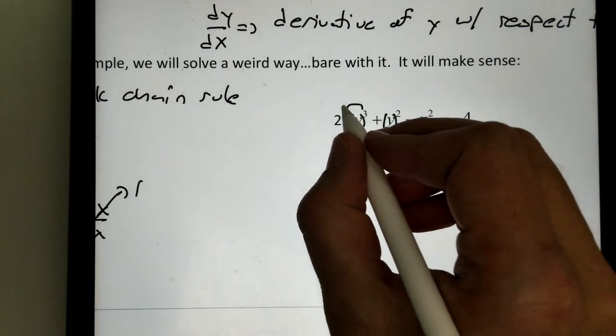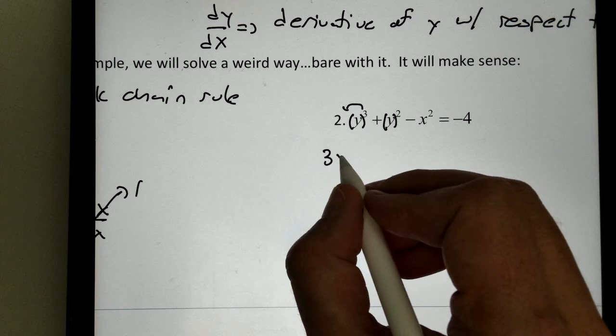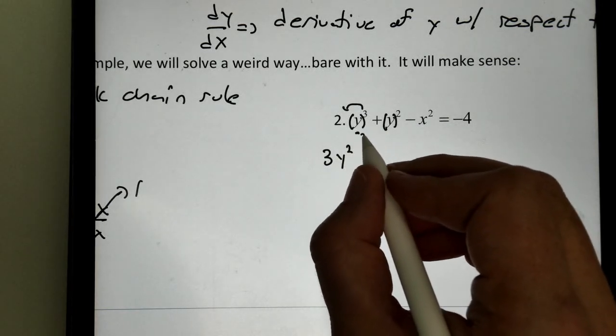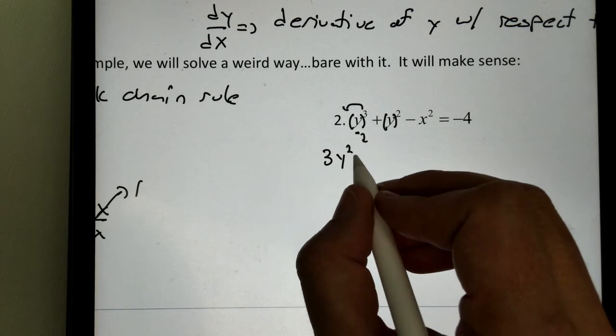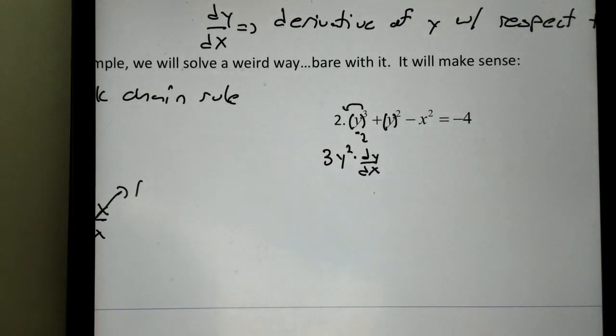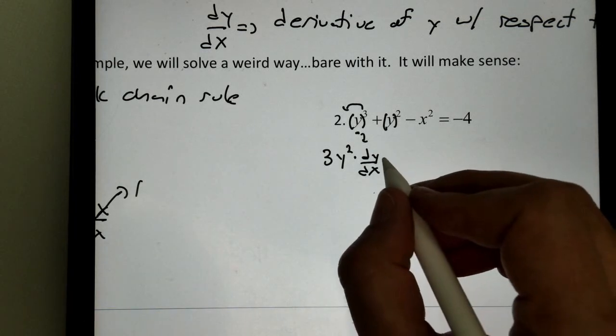When we take the derivative, we are going to get 3y squared, just like a normal derivative. But I have a chain rule. I take the derivative of y, and that's going to give me dy dx, my chain rule. I'll show you a really cool example in just a second how this really works, what's really going on here.